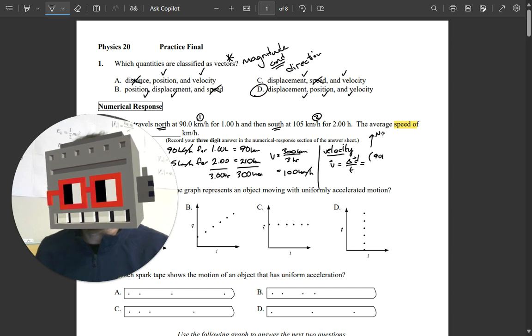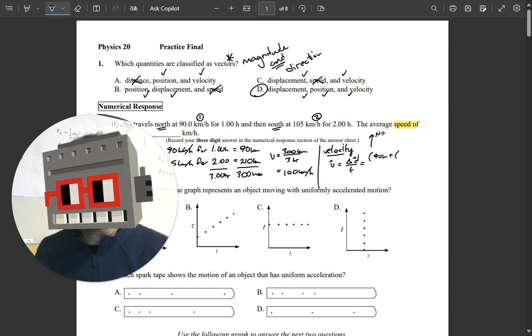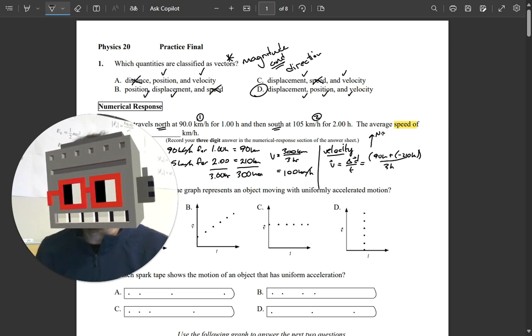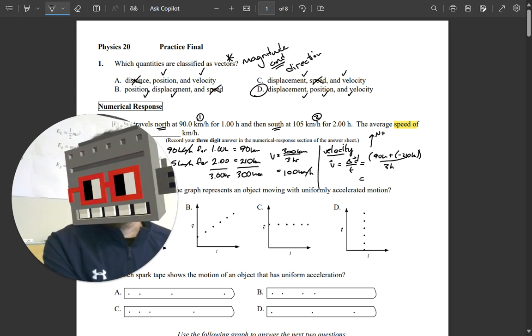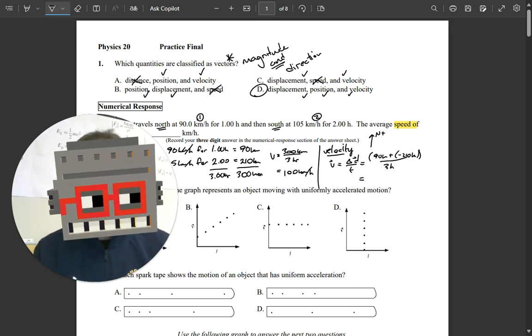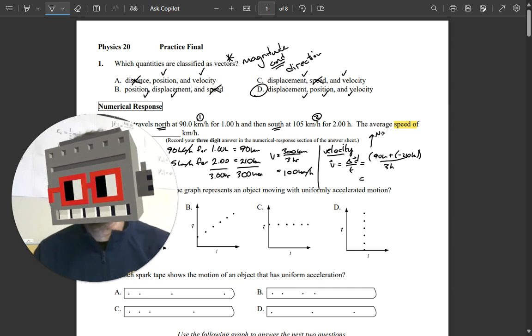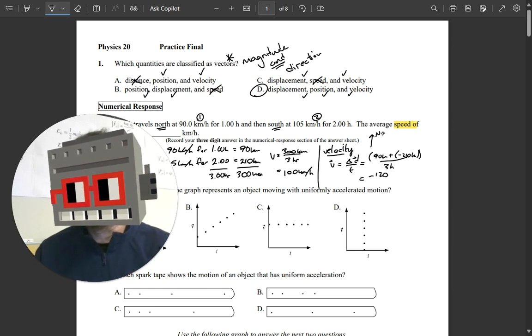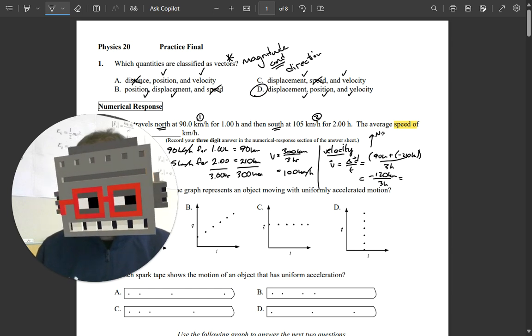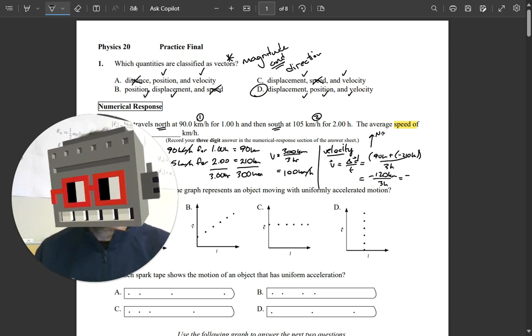I'm going to have 90 kilometers plus a negative 210 kilometers, still over 3 hours. So 90 minus 210 gives me negative 120 over 3 hours. So I have an average of 30 kilometers per hour.